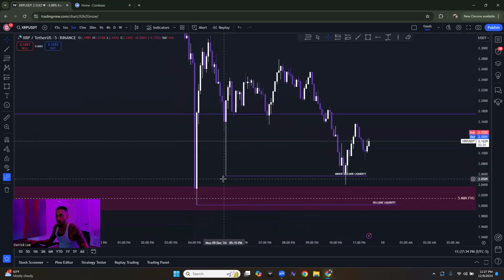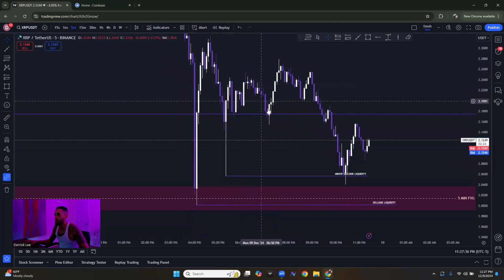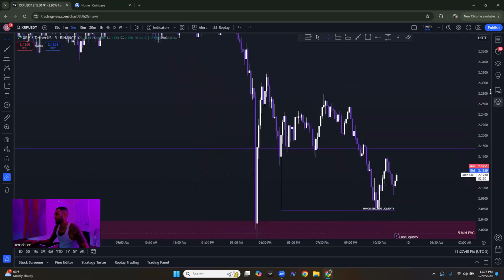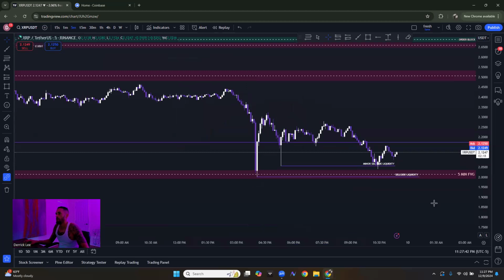This one's okay because they engineered this low and this low. They can do whatever the hell they want to do. If they want to send prices to $10 today, they can push the button. That's called manual intervention. But they're going to engineer liquidity, and then they're going to run on that liquidity.